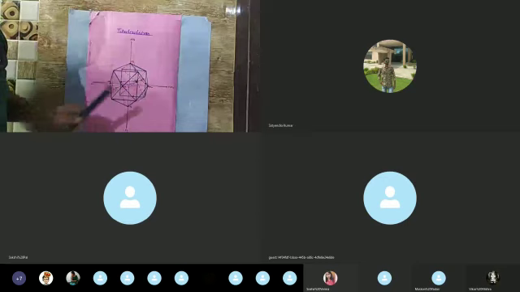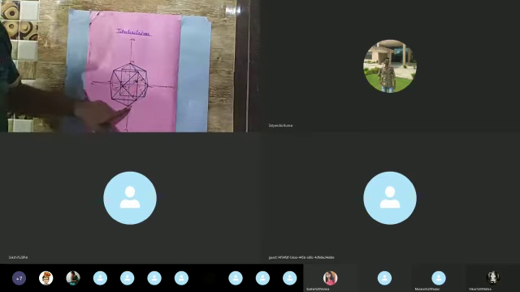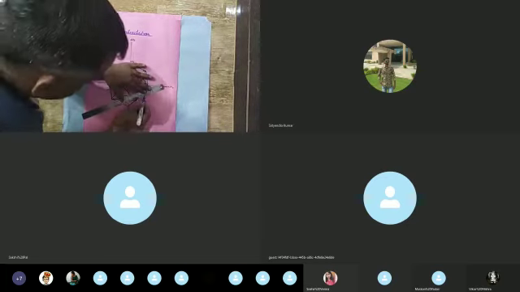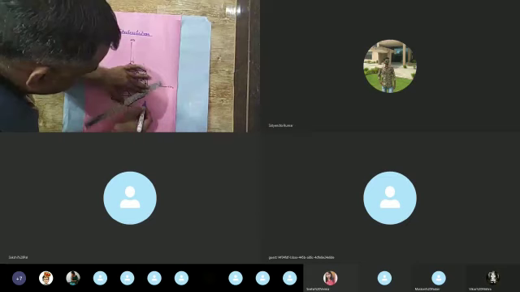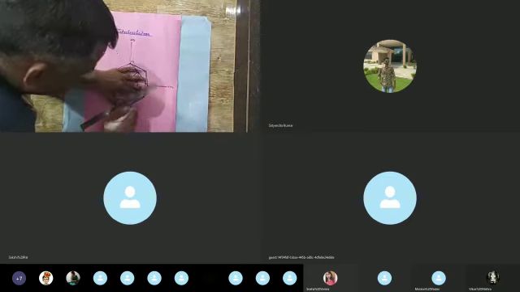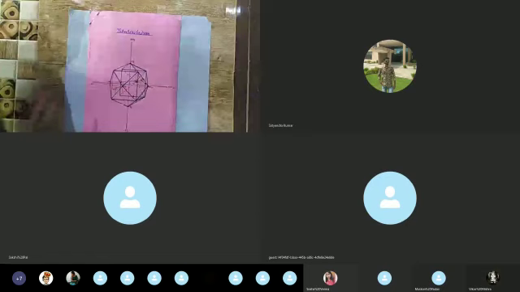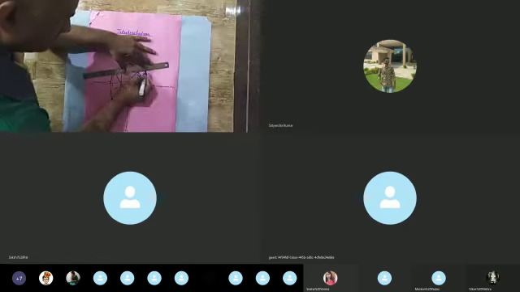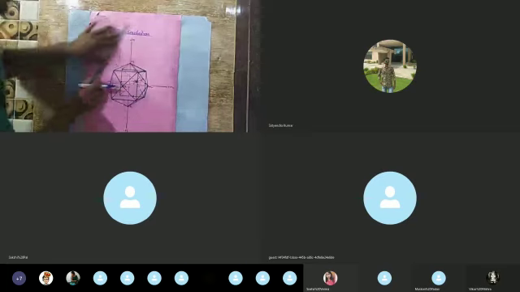Now join minus A3 with two corners of the second square externally. So this is 1 and this is 2. So this is this one.